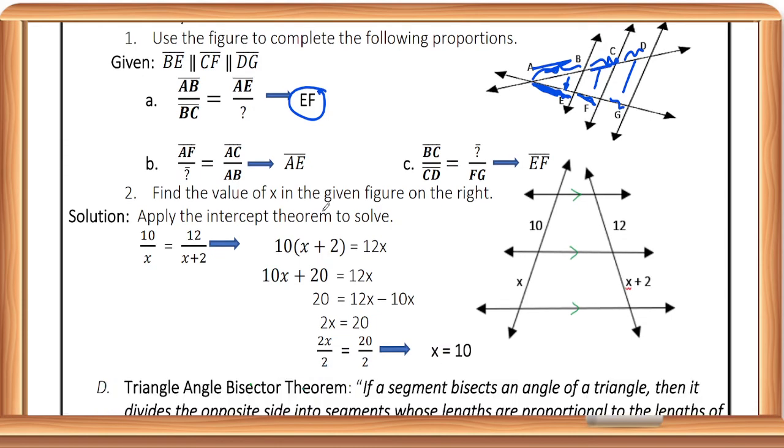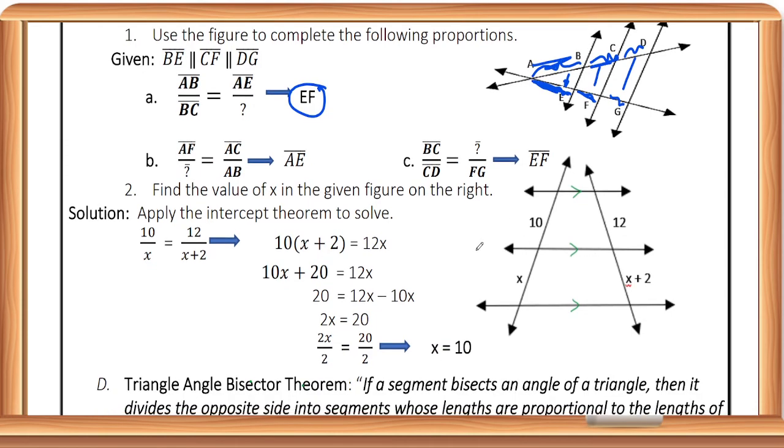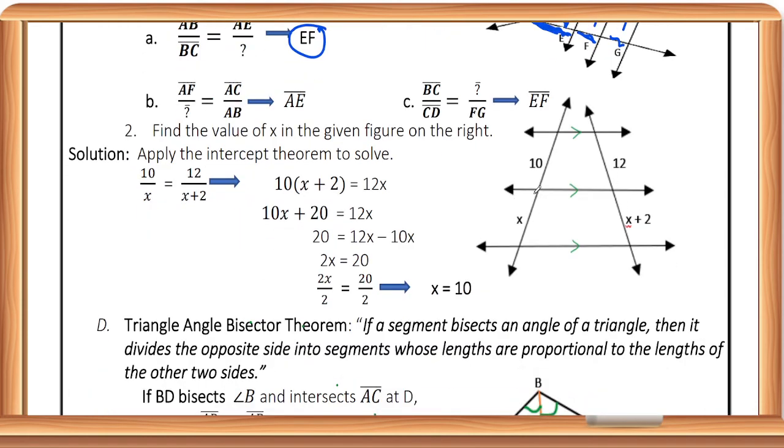Okay? We can also use this by knowing the variable. This over this is equal to this over this. You can write 10 over x, equal to the ratio of 12 over the corresponding part with x, which is x plus 2.